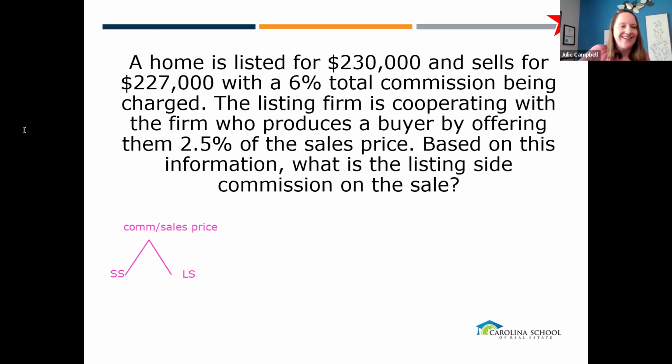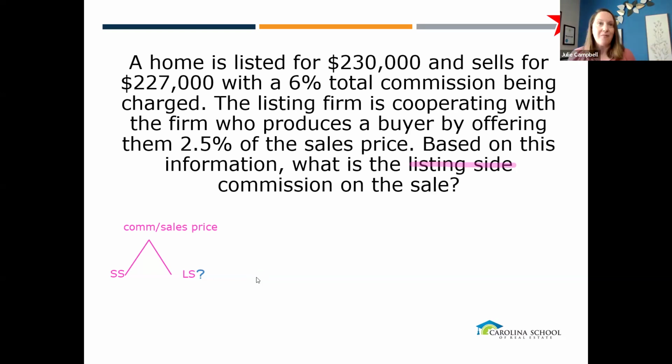What is my unknown? In this case, it's just asking me, what is the listing side going to collect? So by mapping it out, it allows me to see, this is my X. It allows me to see, this is as far as I need to go to answer that question.